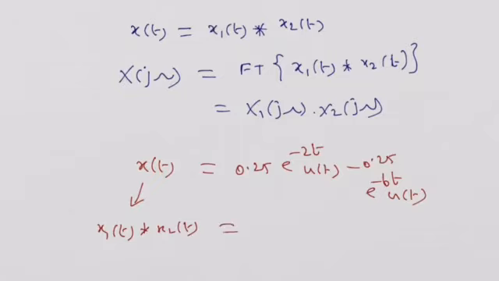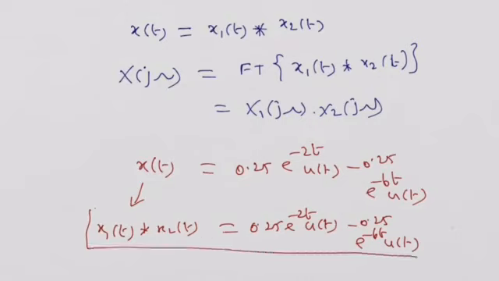So the result of convolution is written as 0.25 e power minus 2t u of t minus 0.25 e power minus 6t u of t, correct? So this is the result of convolution. We determined the result of convolution using this convolution property.